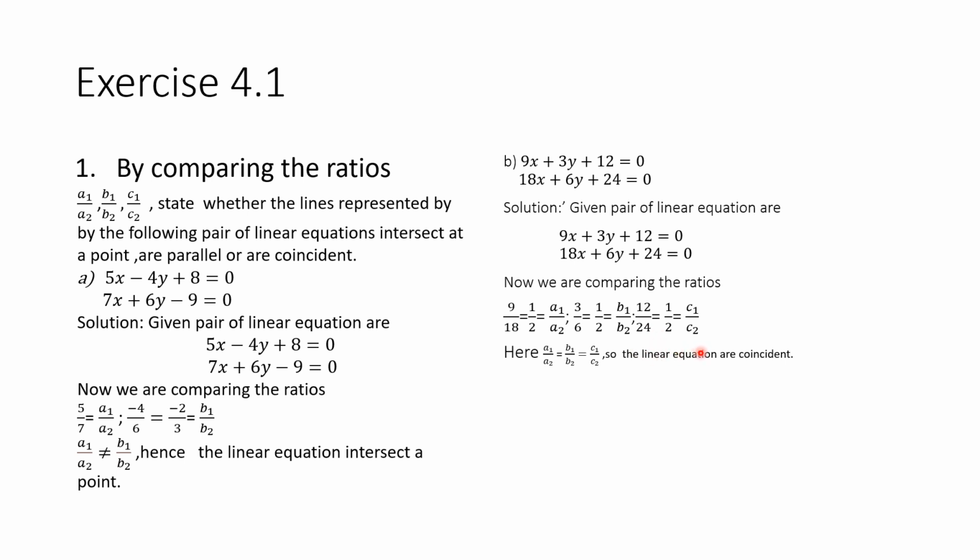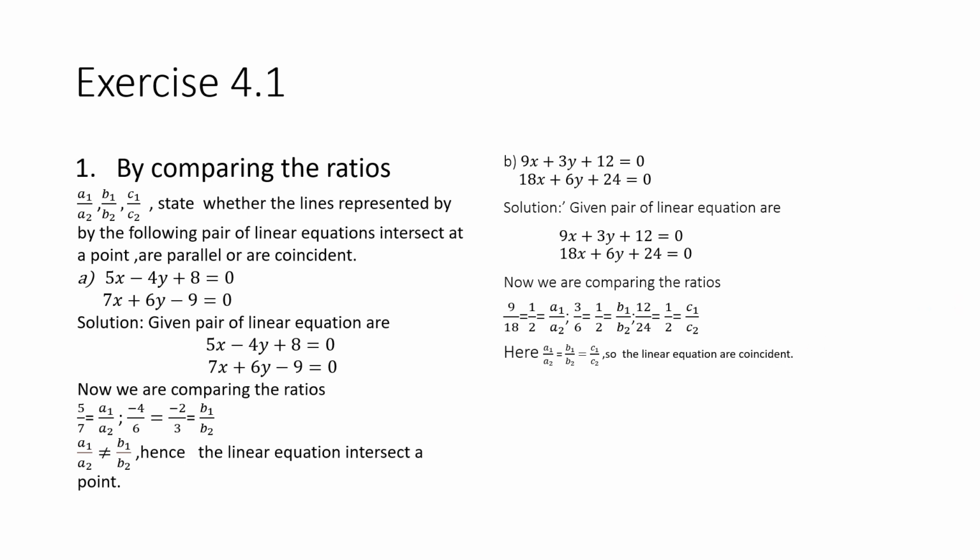So I got a1 by a2, b1 by b2 and c1 by c2 all equal to 1 by 2. Hence, the linear equations are coincident, because all three ratios are equal to each other.